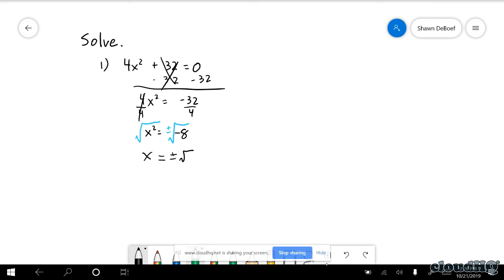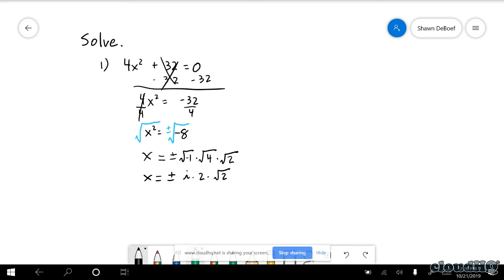Well, I'm going to break the negative apart from the 8. And the 8 can be broken into 4 times 2, because 8 is not a perfect square. So we get an i and a 2 and a square root of 2.